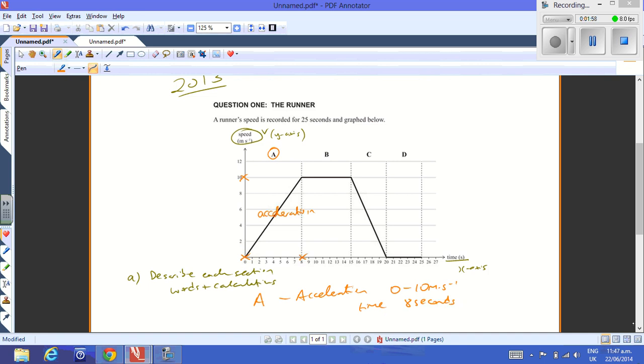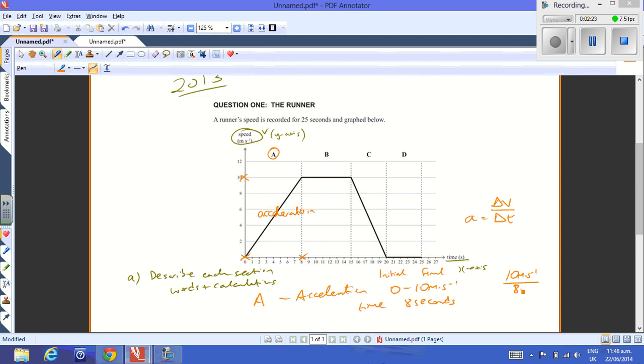Now, if you want to actually work out the acceleration for that section, acceleration is given by the formula, the change in velocity over the change in time. So in this case, the change in velocity, it's final minus initial. So the final velocity is 10 meters per second, and the initial was 0 meters per second. So it's 10 minus 0, which is 10 meters per second, over the change in time, which was 8 minus 0 seconds.